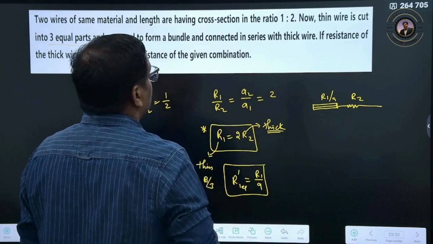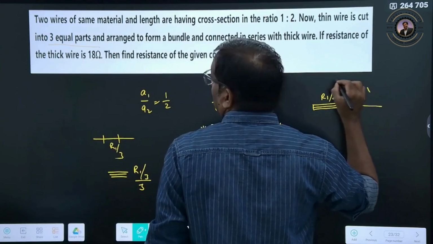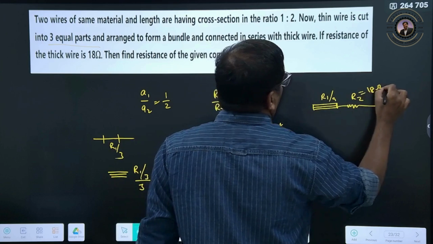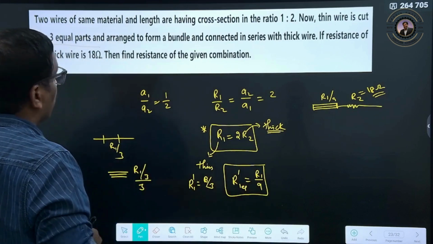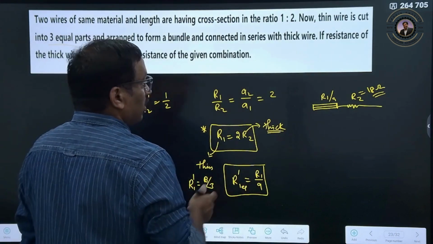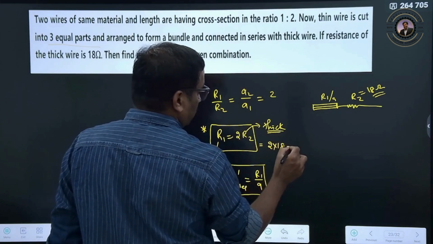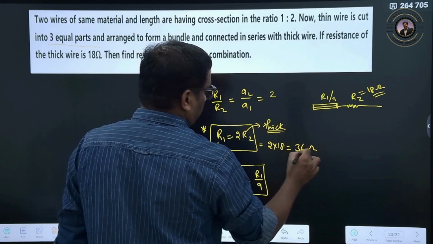Clear? So the resistance of the thick wire is given as 18 ohms. Find the resistance of this combination. 18 ohms means R1 will be equal to 2 into 18, so 36 ohms. Clear?